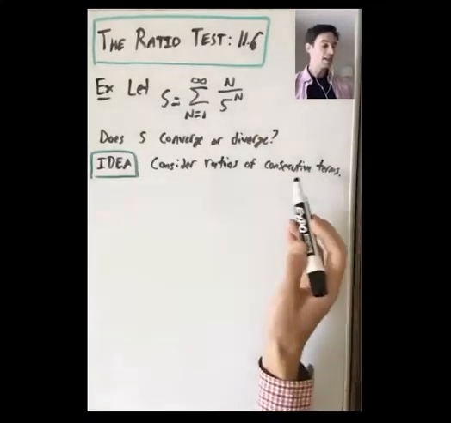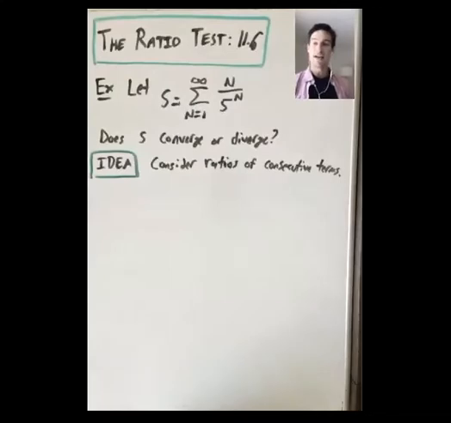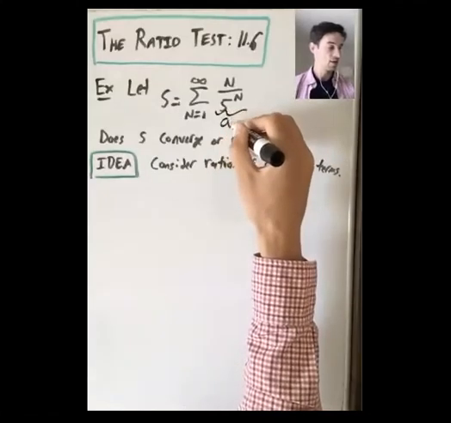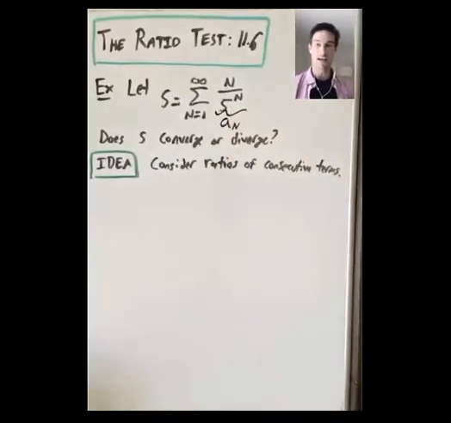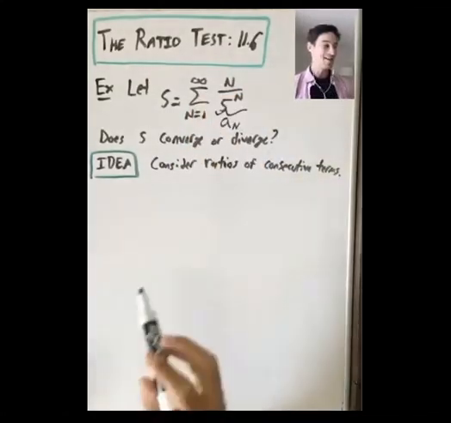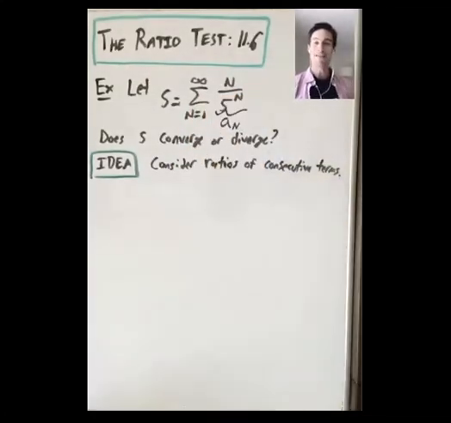The main idea behind the ratio test is that we'll consider ratios of consecutive terms. That is, let's say that our series is a sum of terms a_n. The ratio test is called the ratio test because we're going to look at what happens when we divide a_{n+1} by a_n.